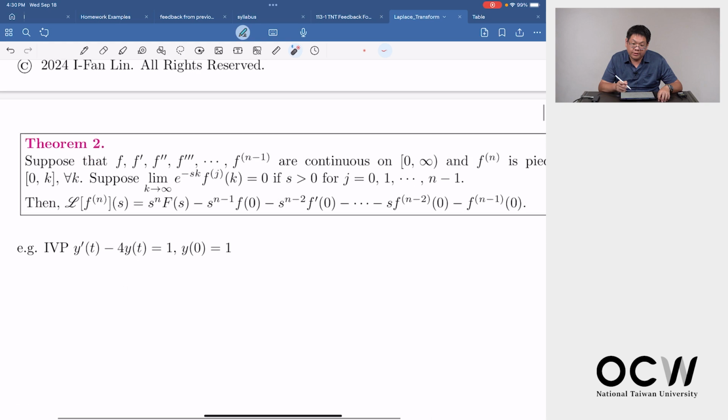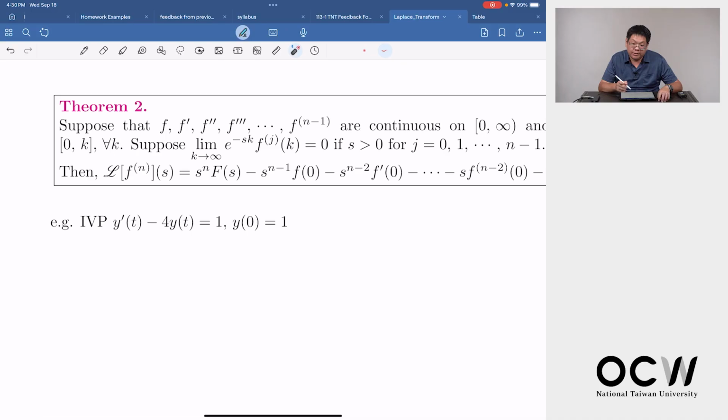But we can also use the Laplace transform to find the solution. Let's see the Laplace transform. The Laplace transform of y prime will be s times the Laplace transform of Y at s minus the original function y at 0.